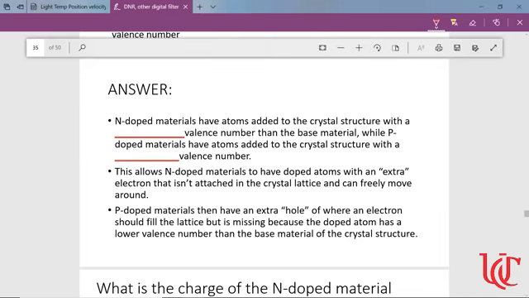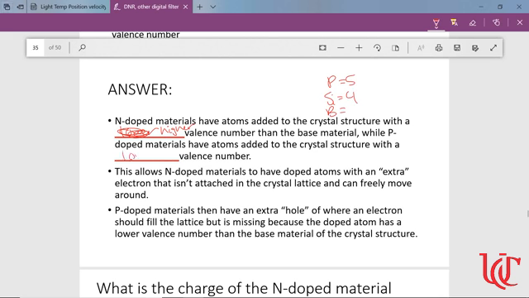Okay, so we saw our N-doped materials had a lower valence number than our base material. Again, silicon has 4, phosphorus has 5, boron... Oh, nope, I did this backwards. Our N-doped materials have a higher valence number.